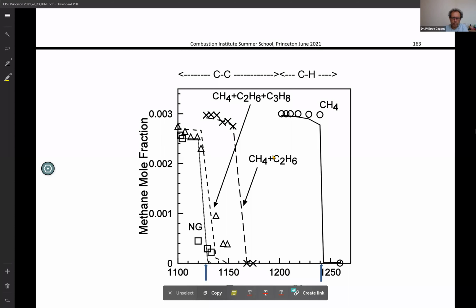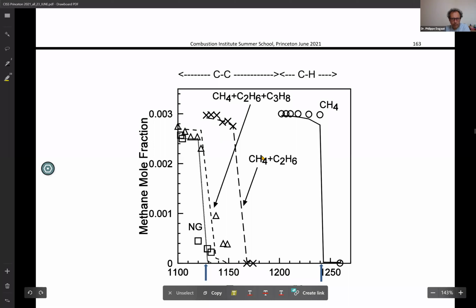Also, once you are able to get ethane or propane to react, there will be radicals produced, and these radicals will participate in the oxidation of methane. So the overall reactivity will be higher. What I didn't mention is that the plot here is for methane mole fraction.